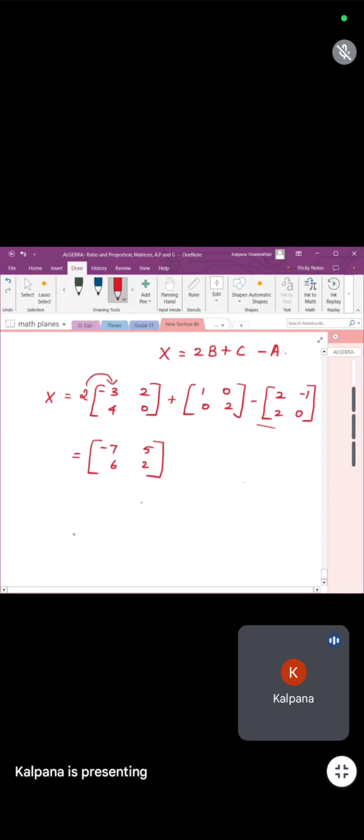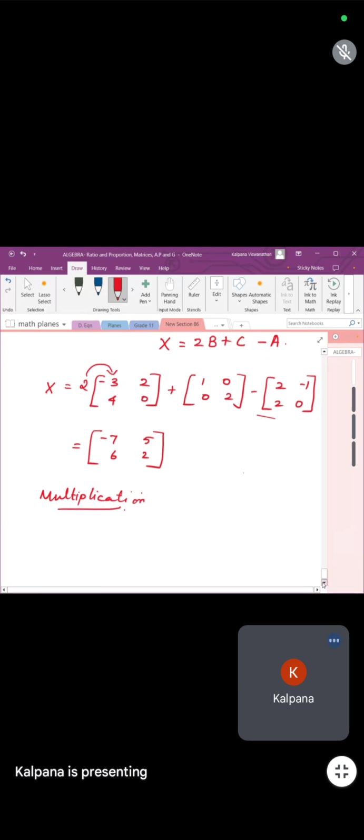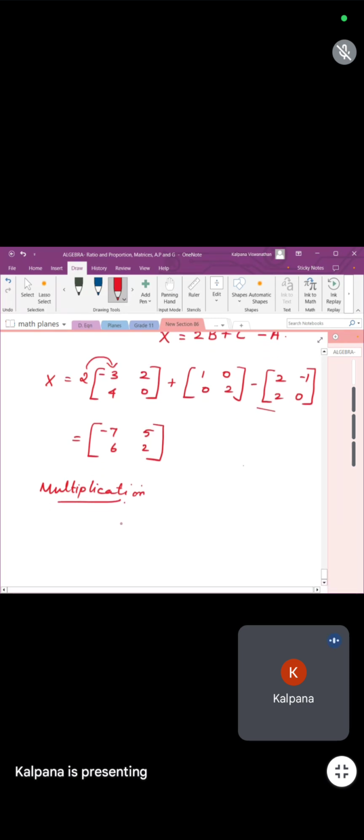Coming to multiplication of matrices. So, when is multiplication possible? When the number of columns in the first matrix is equal to the number of rows in the second matrix.